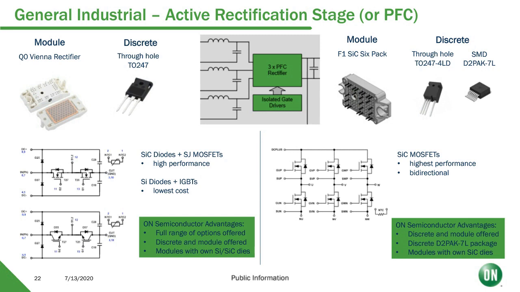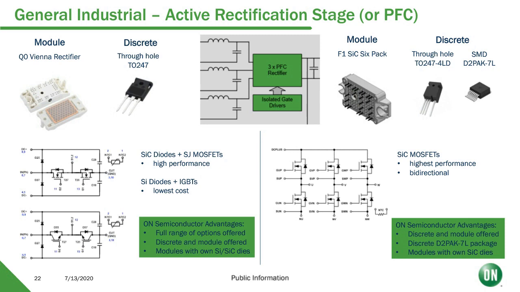And then on the right-hand side, if the highest performance is needed, and additionally, if you need bidirectional capabilities, which is becoming a trend within EV charging stations, using a six-pack implementation of MOSFETs is a solution that we see being adopted in the market, and we have modules that will be capable of supporting this need.